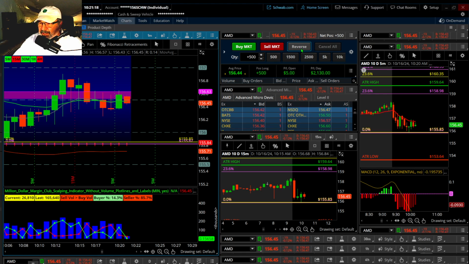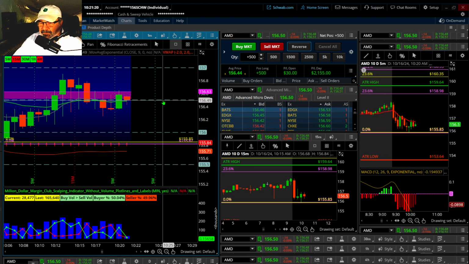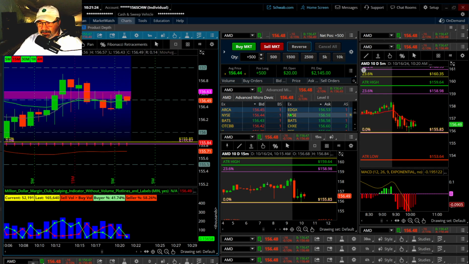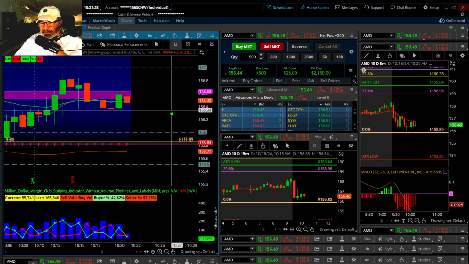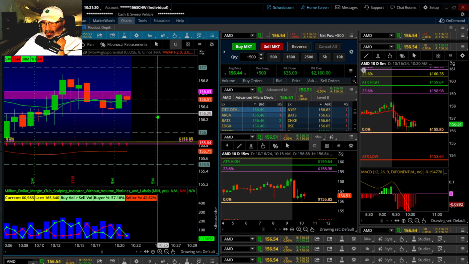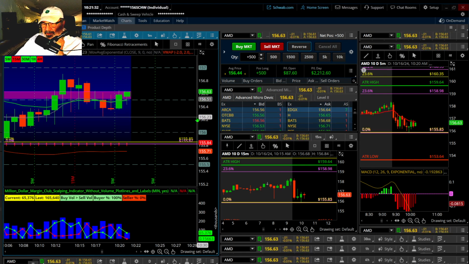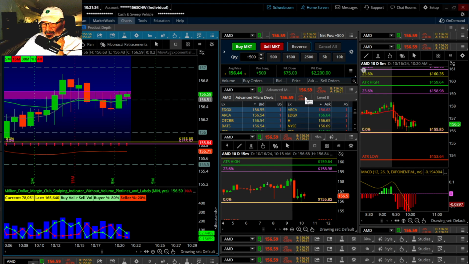It's just resting on the 156.50 right there, right on that line. You can see the market makers just right there, just above my position, sometimes just below my position. There it goes. Now it's making a move. Okay, let's get up there a little higher. I'm going to start thinking about reversing on some of these.